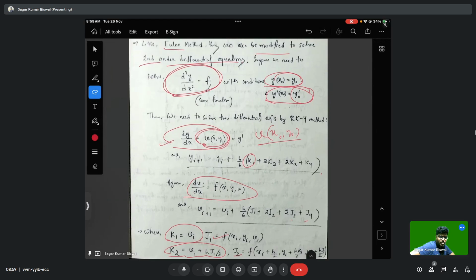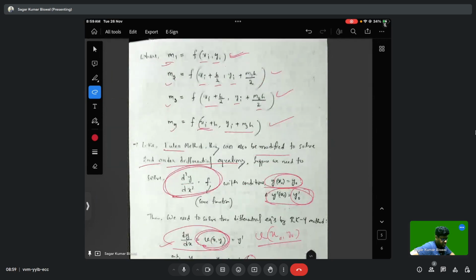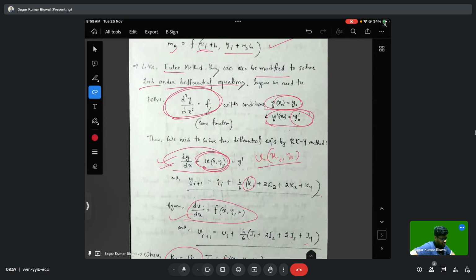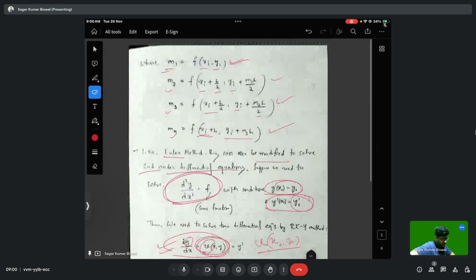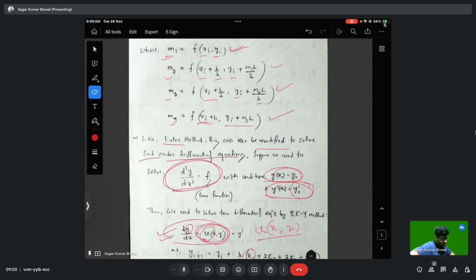Here is something a bit complicated, because as you are solving these two equations simultaneously, this u variable and this y variable are both there.